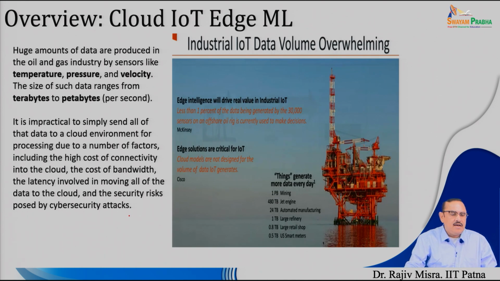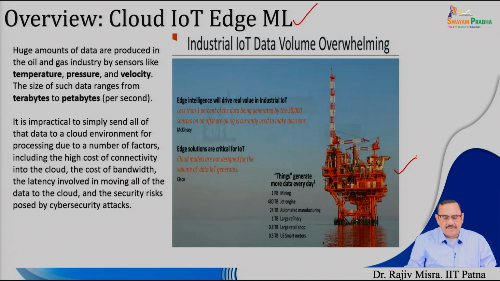Now, let us see a typical application, which is called an industrial IoT application. You know that the oil and gas industries are now deploying these platforms on the sea shore or inside the sea platform for oil exploration, drilling and supplying the oils.